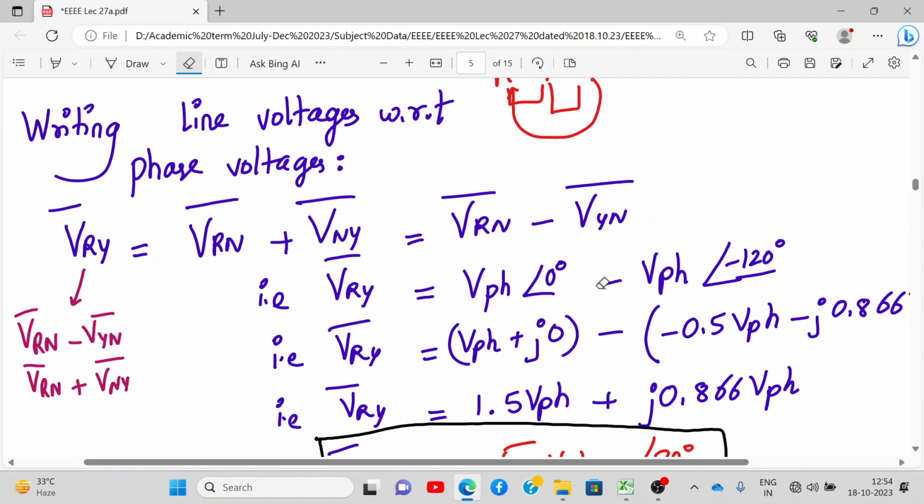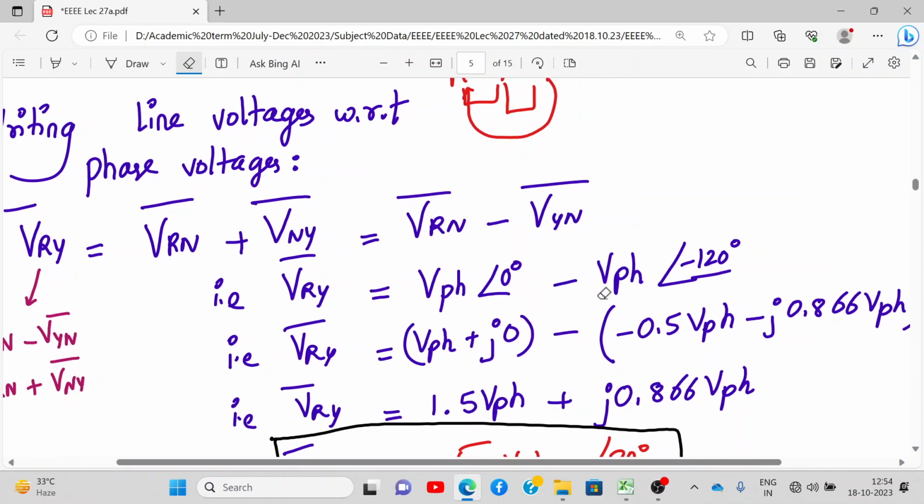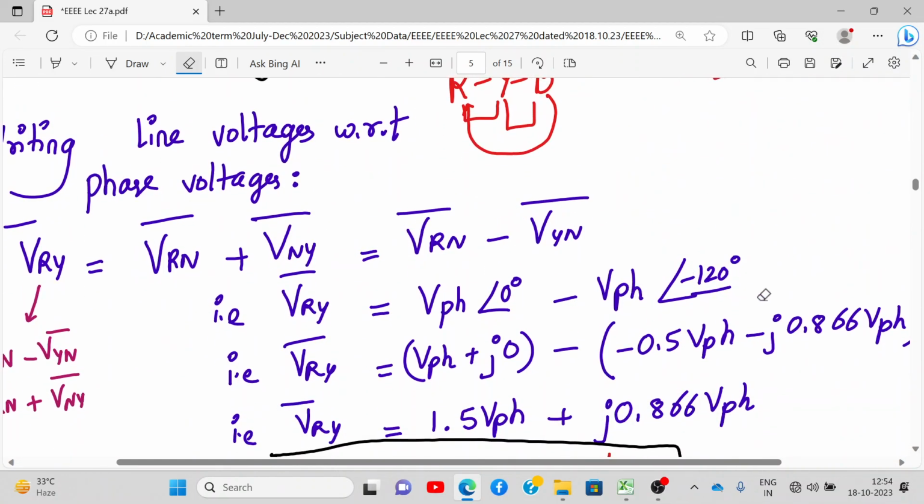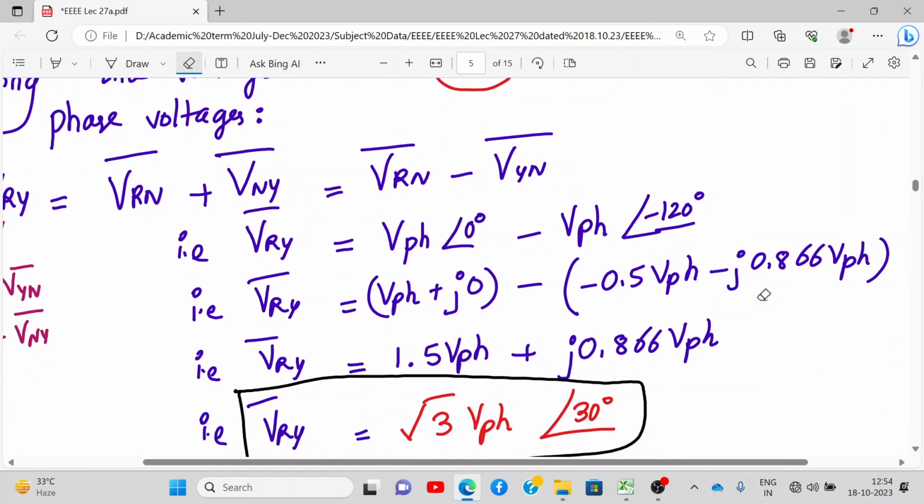And what is VRN? V phase angle 0. Just listen, don't write. I'll tell you what to write. Then what is VYN? We have written it over here, no? V phase angle minus 120 degrees. This is polar form, right? Polar form we cannot add, we have to convert into rectangular form.